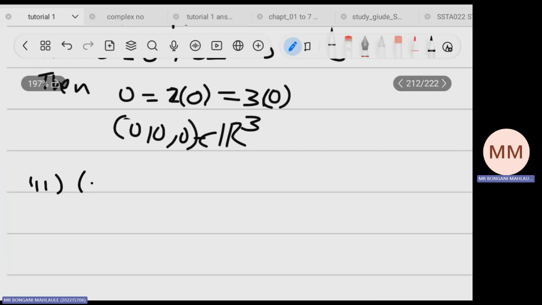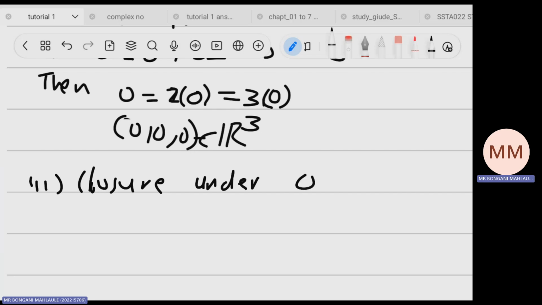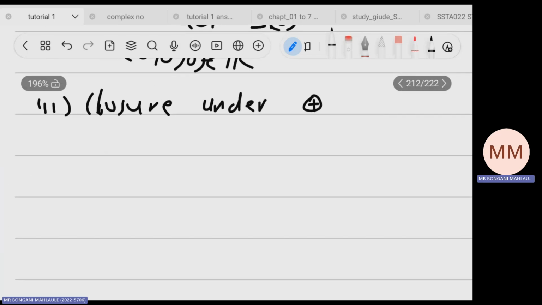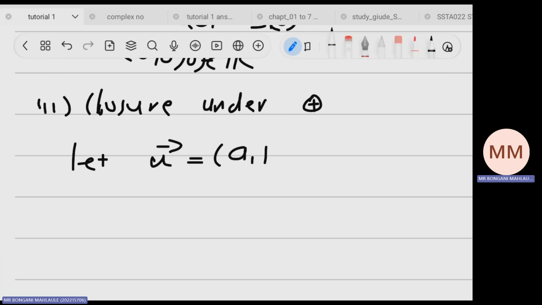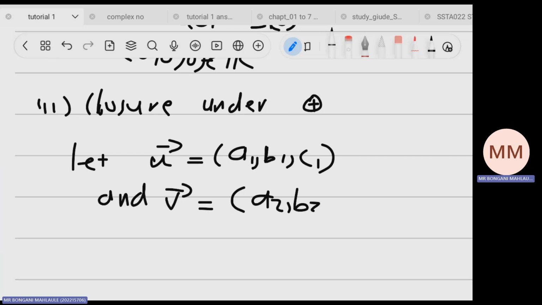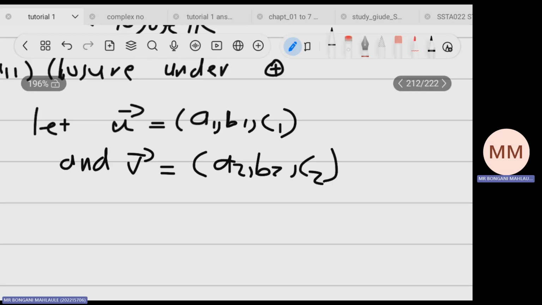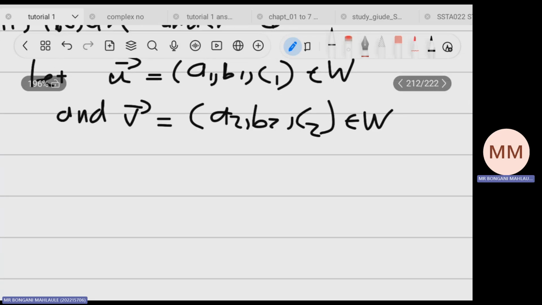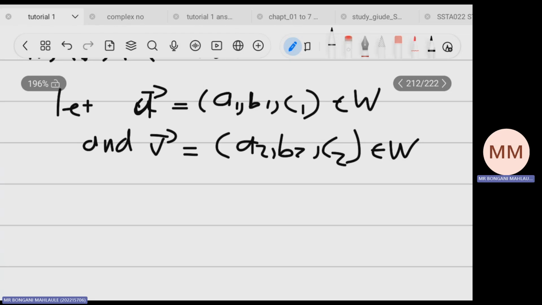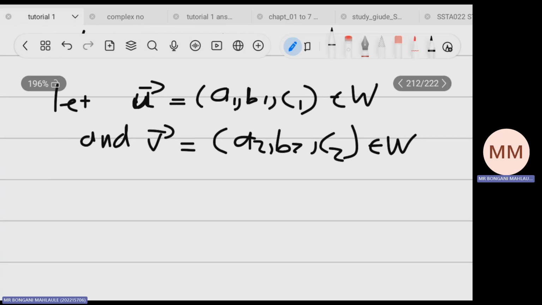Then we check for closure under addition. So we can say let U equal to (A1, B1, C1) and V equal to (A2, B2, C2) be an element of W. I want us to check this one.